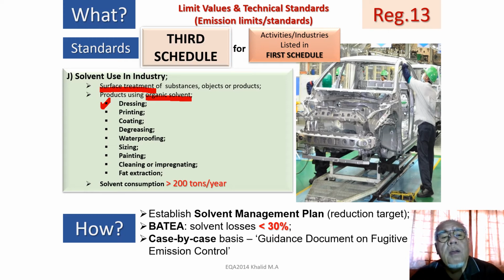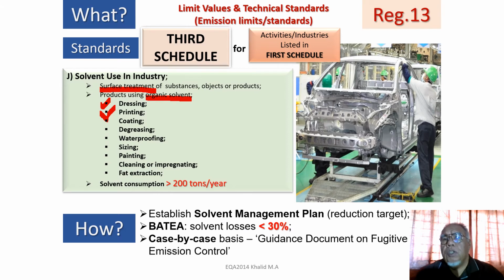All right. Also, the printing industry. This is an industry whereby we use a lot of solvent. It could be the printing of newspapers, books, cartons, and banners.